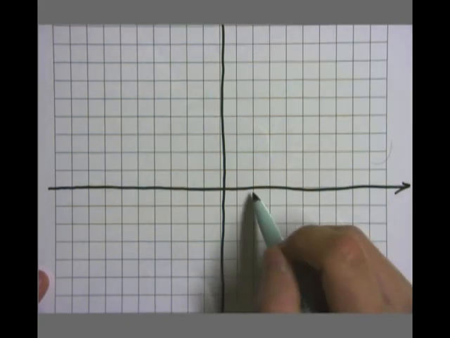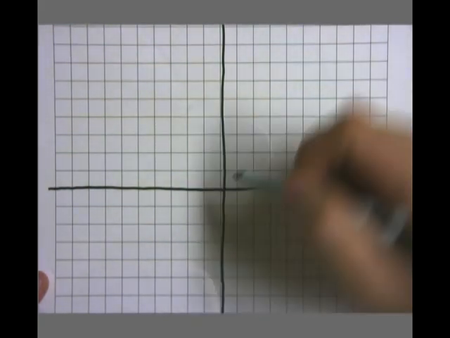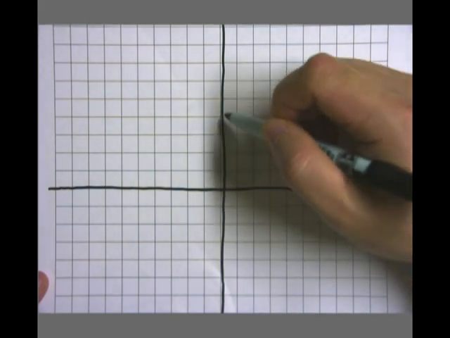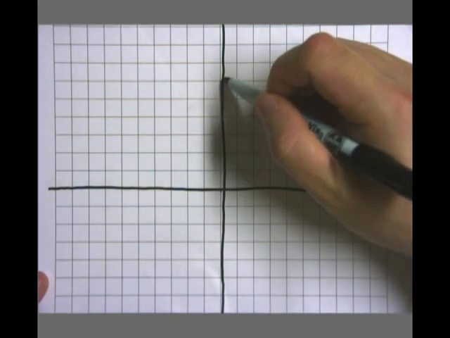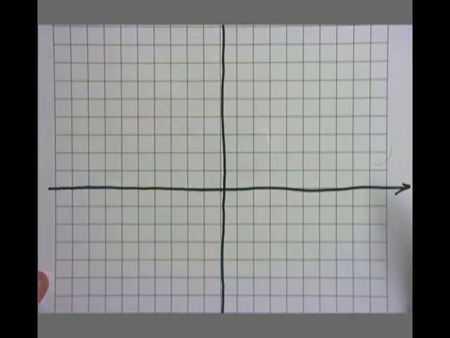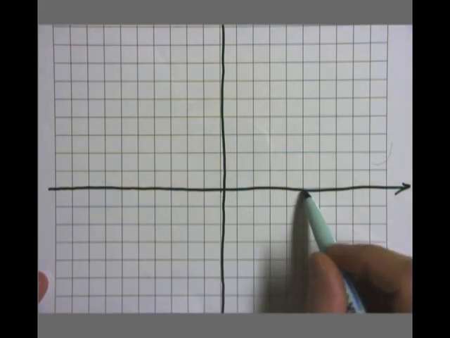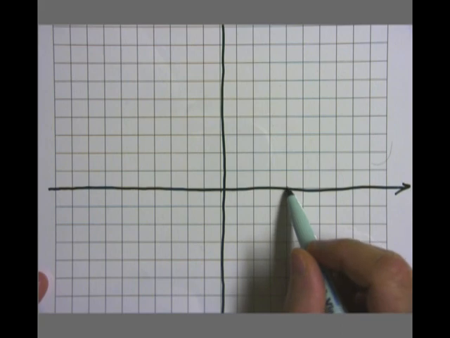So 0 for x, 10 for y. So right on the y-axis, you're going to go 2, 4, 6, 8, 10. Right there is my first point. And now the next point is going to be 4, 0. So 4 for x, 0 for y, meaning the point is sitting right on the x-axis, counting out 4 units out. So there is your point.